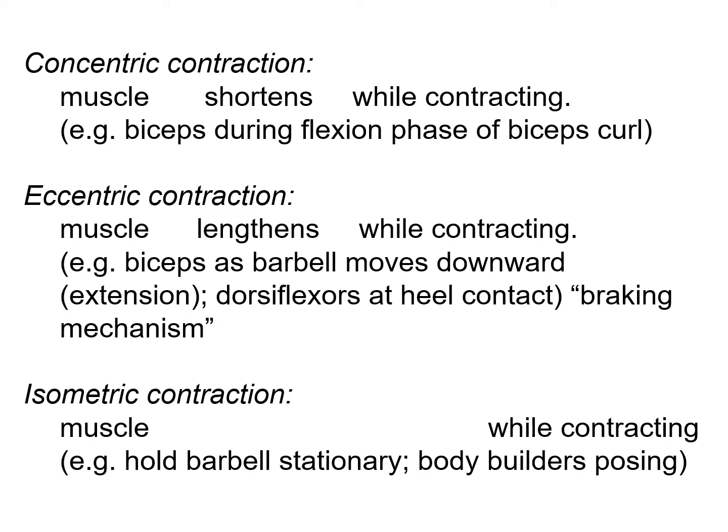But what we're saying, what the real definition of a contraction is, is that the muscle is developing tension, okay? If you've already taken physiology, which I hope you have, for a muscle to create tension, there needs to be cross bridges between the myosin and actin filaments within the sarcomere of the muscle.